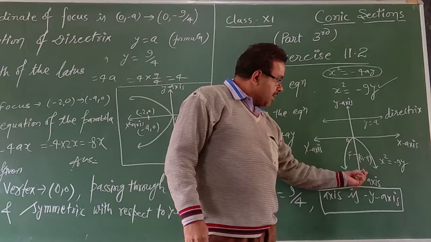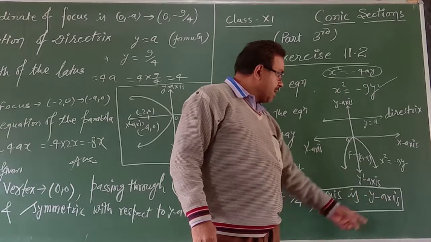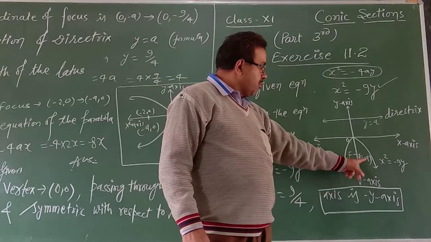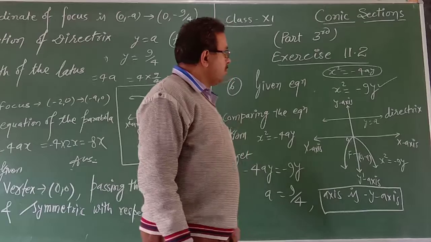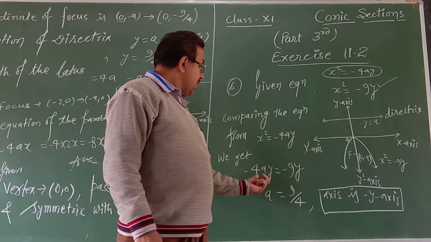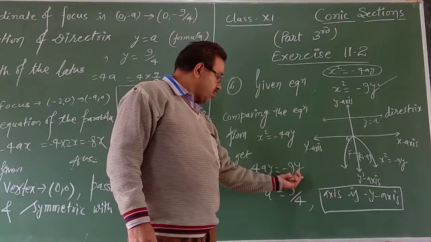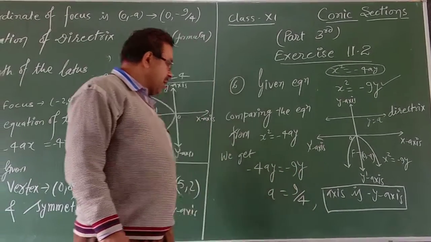The axis of this parabola will be negative y-axis and focus is equal to 0, minus a. By comparing the given equation with x square equal to minus 4ay, we have minus 4ay equal to minus 9y, and hence the value of a equal to 9 by 4.